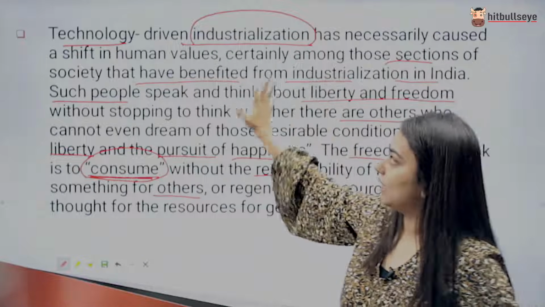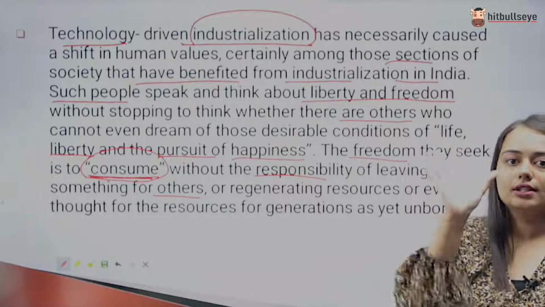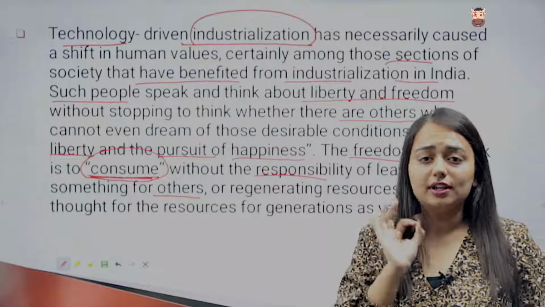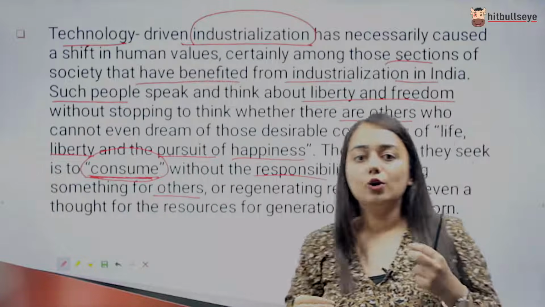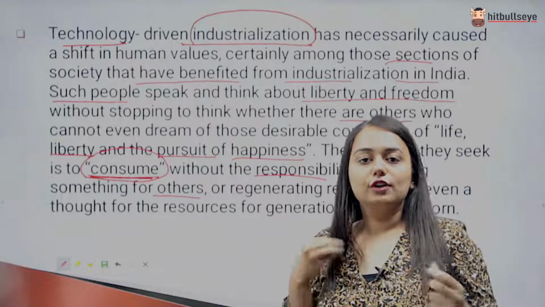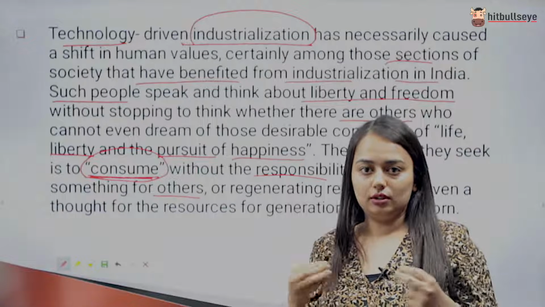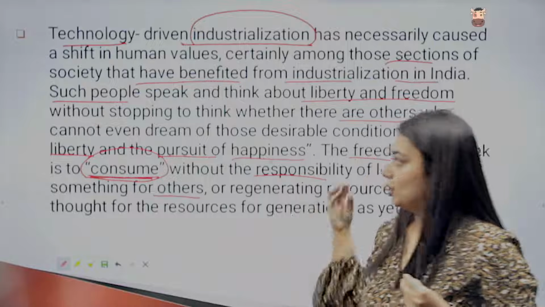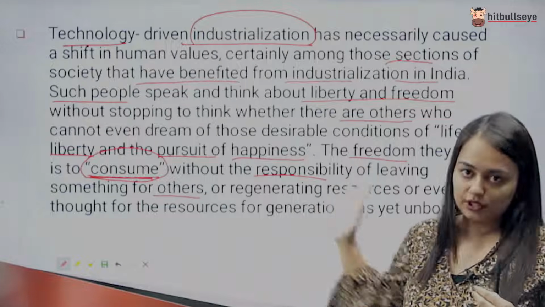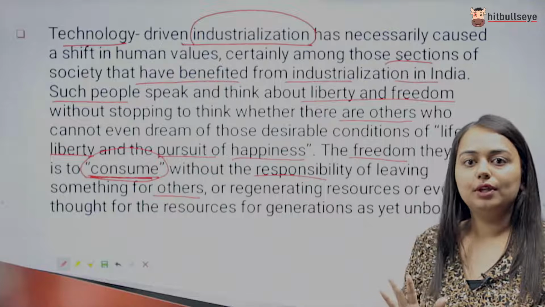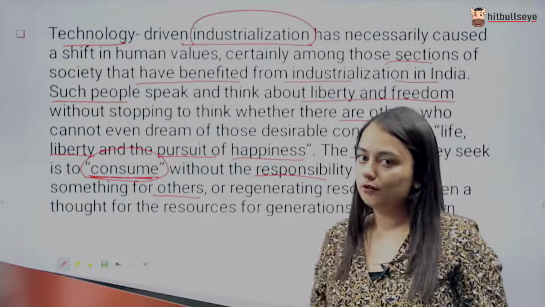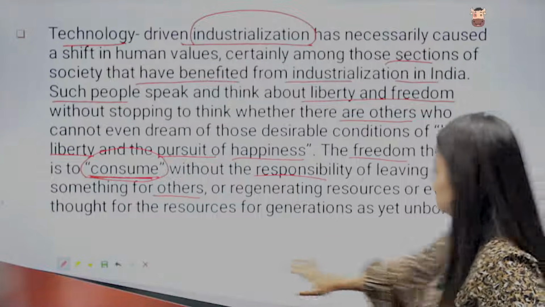The passage basically is talking about the section of society that is highly benefiting from technology driven industrialization, and how they, without thinking, consume the resources and exhaust them without leaving them for the unborn generation and the people at present who are from the poor strata.